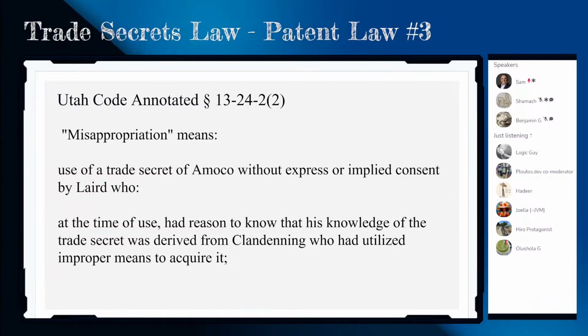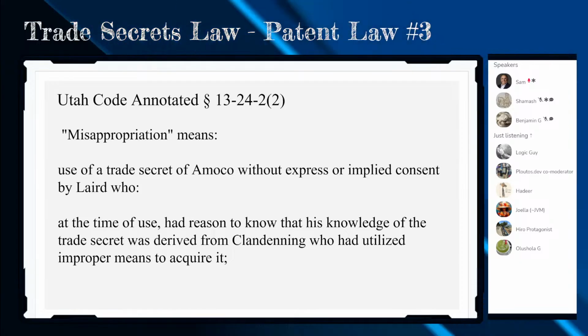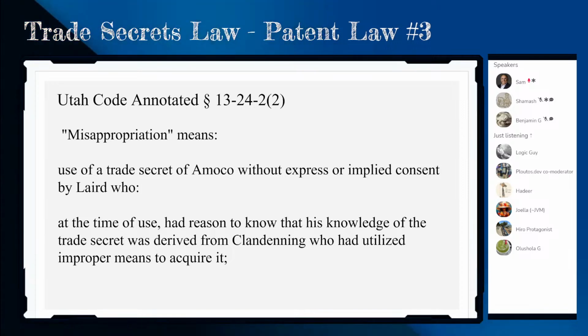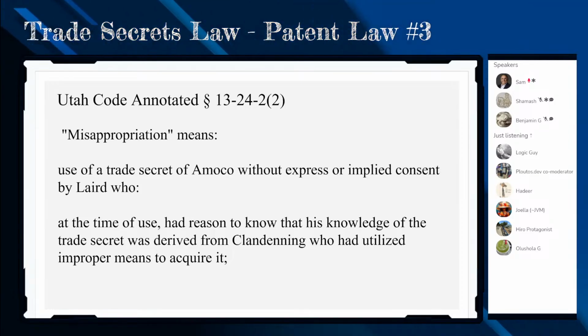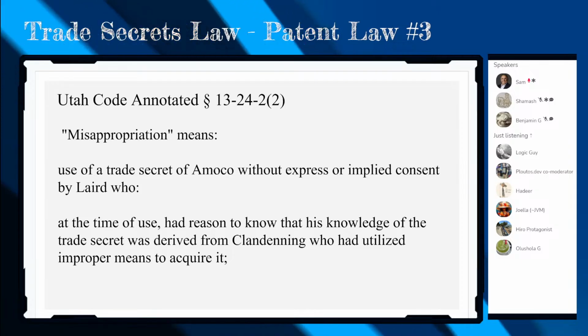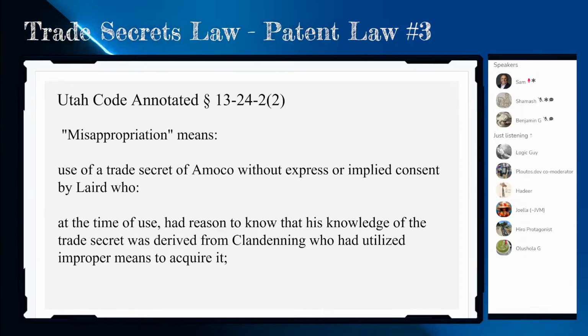It's because the information that was relayed to Laird is of such nature that Laird, who is a sophisticated player in the oil business, should have known this is confidential information, and so he had reason to know that Clandening was not properly in possession of these. And in fact, I think there was an issue of they had a conversation where Clandening actually explicitly told Laird that he stole it.